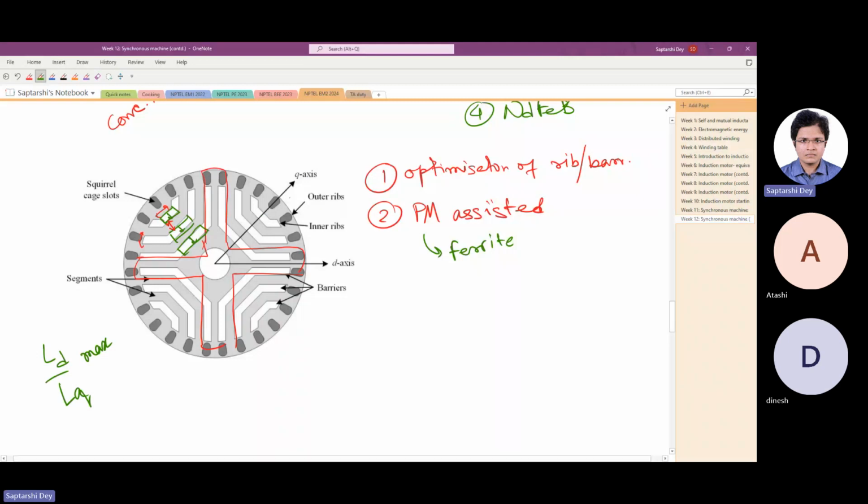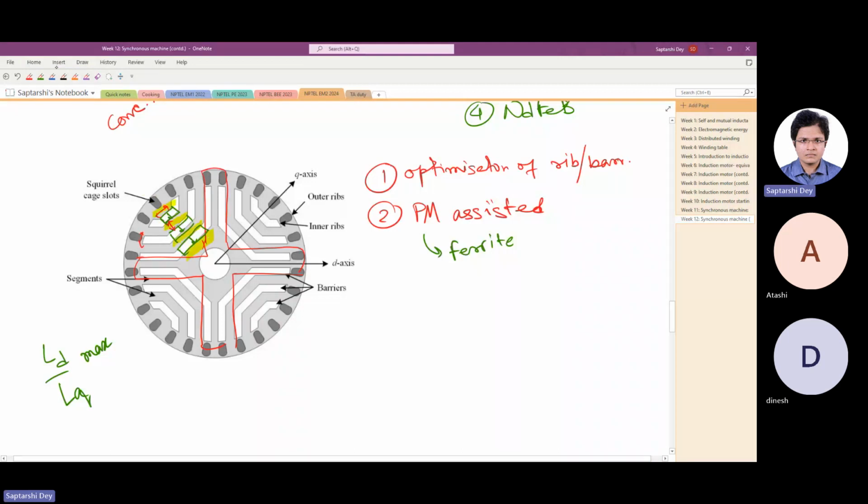So the objective is to put permanent magnets in these flux barriers and increase the flux density a lot in these areas.